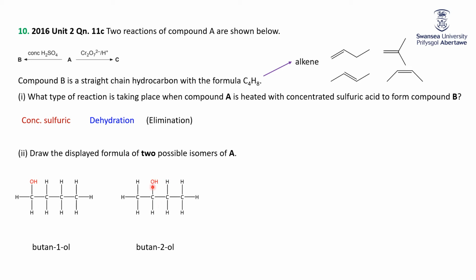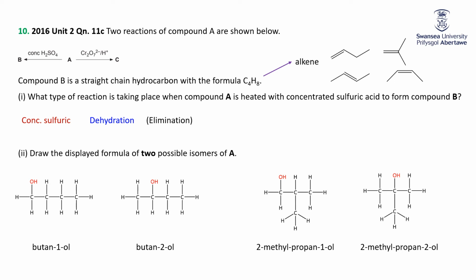Butan-2-ol: remove the OH and an H, we could either have a double bond there for 1-butene or a double bond here for 2-butene, and then of course we could get the various isomers from that. Another possibility that would give us the 2-methyl propene would be the OH there and the H there. Remove that and you would end up quite nicely with the double bond right there, carbon 1, carbon 2, carbon 3, and there would be the 2-methyl. And then you could also get, by dehydration, the 2-methyl propene from this one.